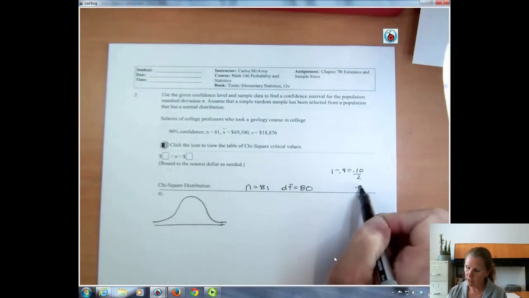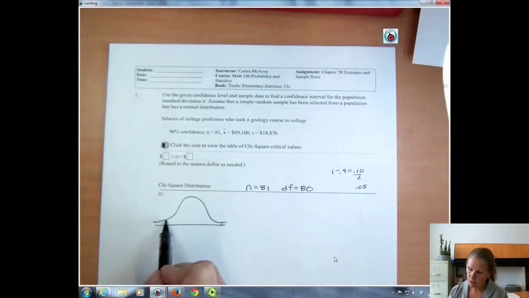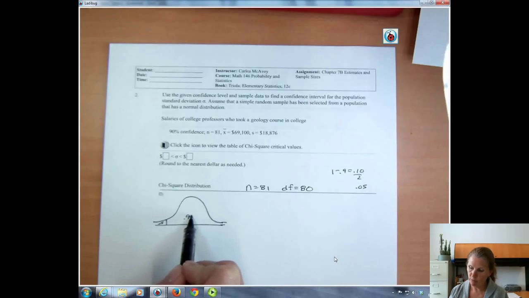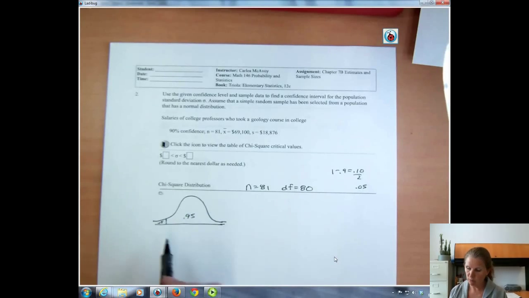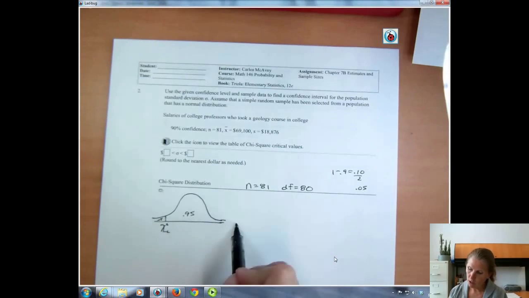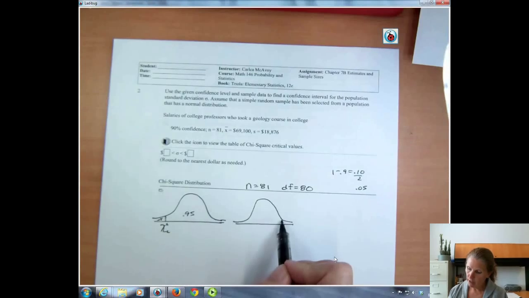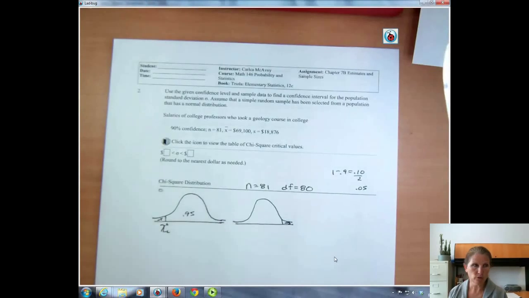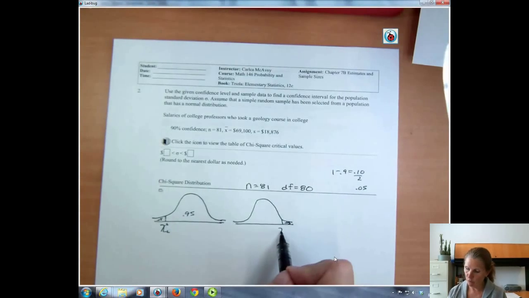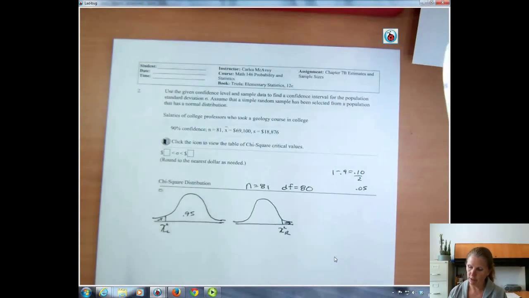And if I divide that, I get 0.05. So if this is 0.05 over here, the area to the right would be 0.95. That's what I'm looking for for that chi-squared left value. For my chi-squared right value, I have 0.05 to the right. So that's the area that I'm looking for.